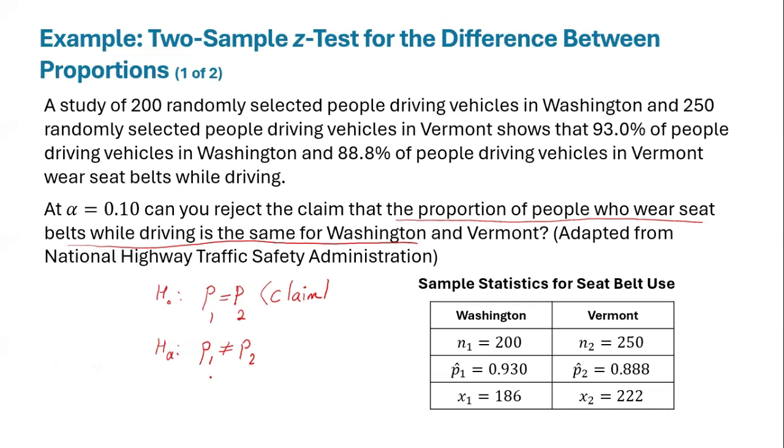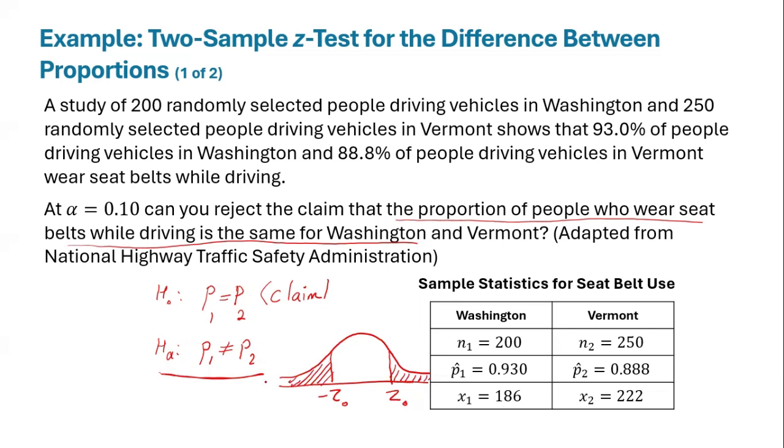By looking at the alternative hypothesis, you know that you have a two-tail test, which means you have two critical values, one positive, one negative. How can we find these values? By looking at the Z table.